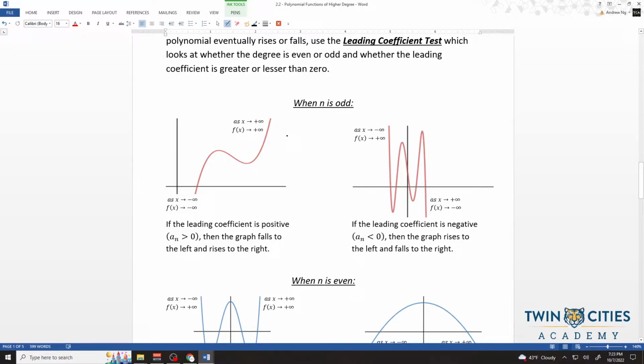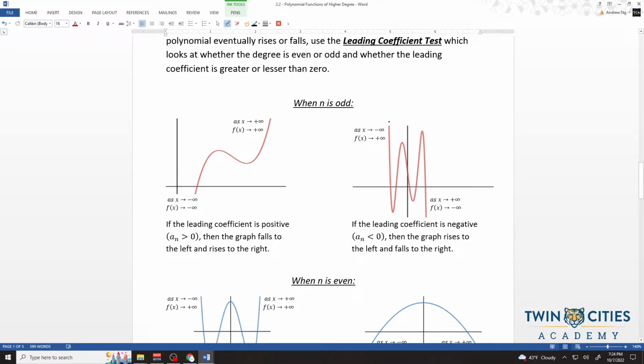But when n is odd and the leading coefficient is negative, as an example, let's say I've got negative 2x to the third or negative 5x to the ninth. Okay, if that number in front of that x to the highest power, that degree, is a negative, then it flips a little bit.